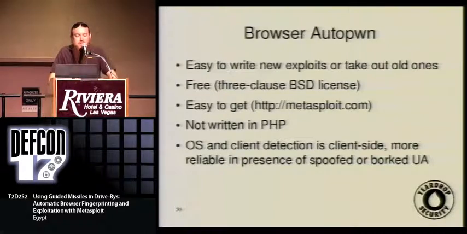Another big advantage is that it's not written in PHP. PHP is stupid. Almost all of my OS and client detection is client side, so I don't have to rely on something that can easily lie. And it works better in the case of a spoofed or borked UA.